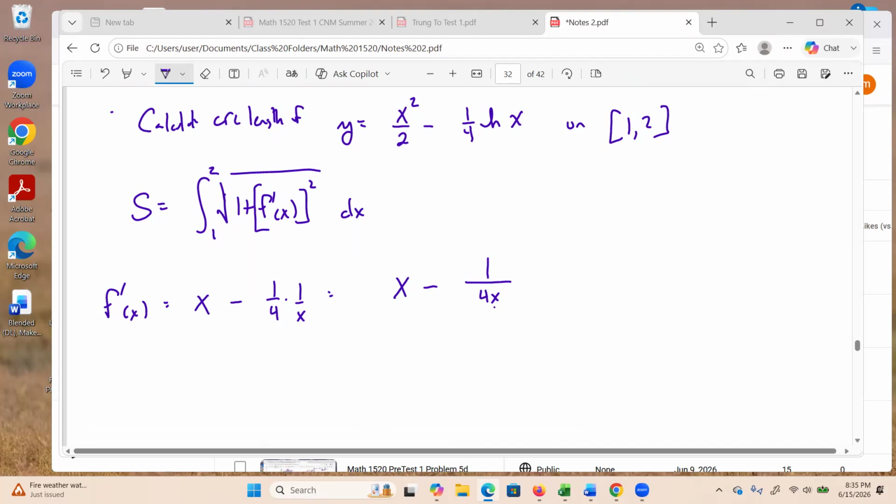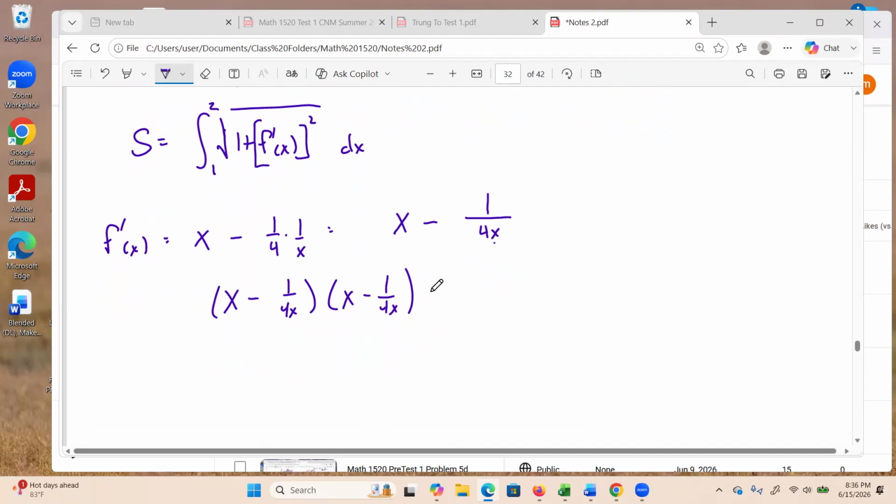So we're going to take our x minus 1 over 4x, and we're going to multiply these together. I'm just going to write it this way. Being able to FOIL things out is a very fundamental kind of problem. We taught you that in intermediate algebra. When in doubt, FOIL. So we have x times x, which gives us x squared, minus 2, right? Because we're going to multiply these together.